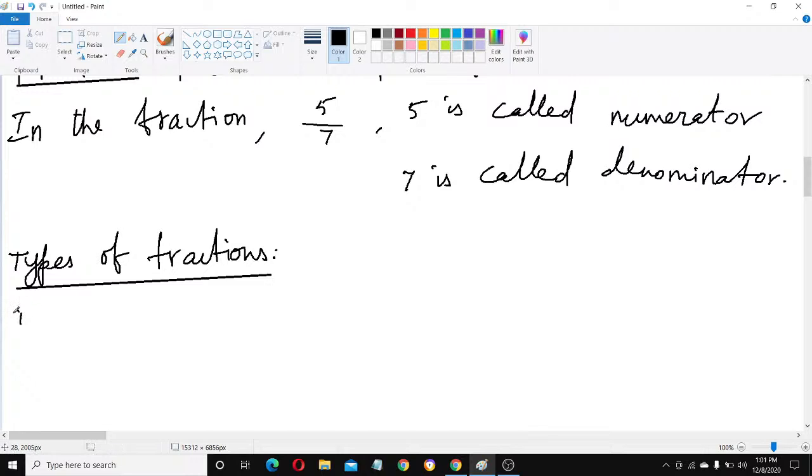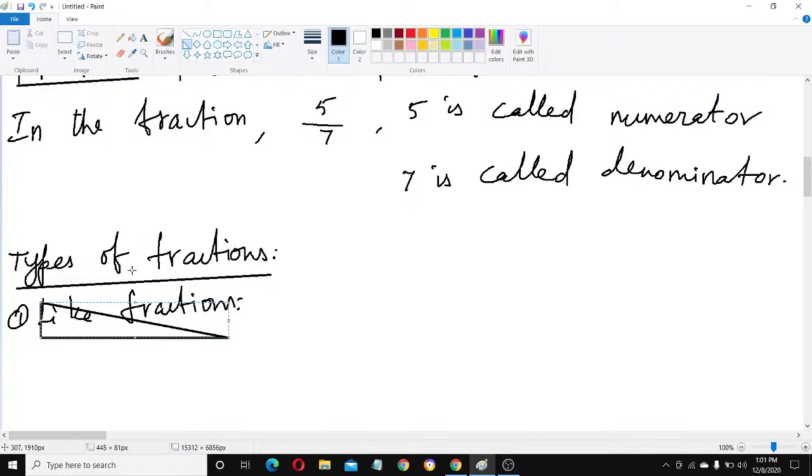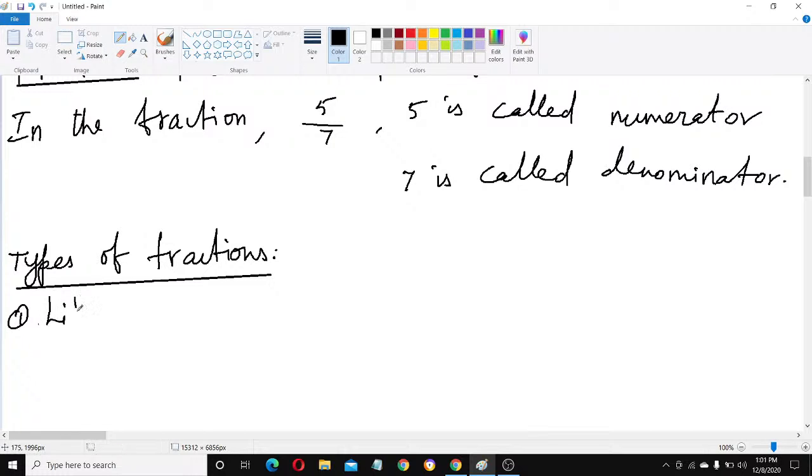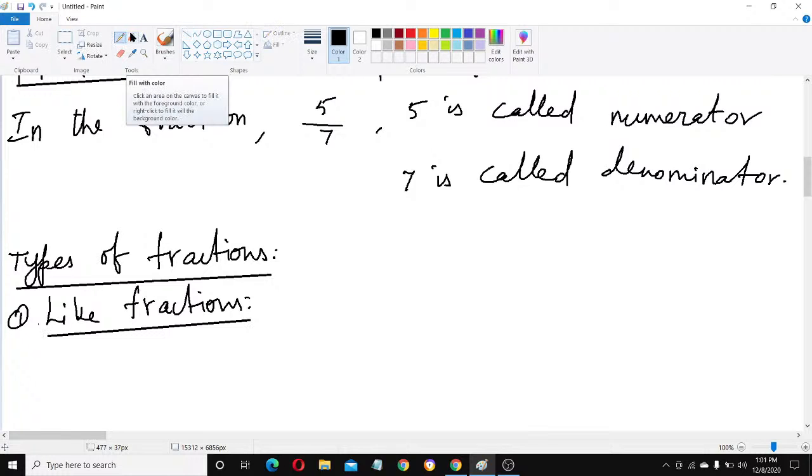First type, like fractions. Fractions with the same denominator are called like fractions.